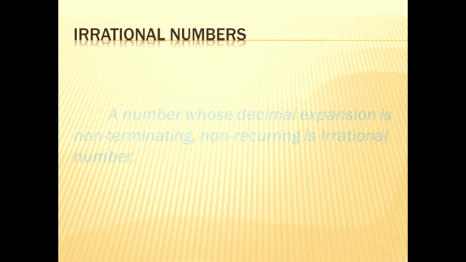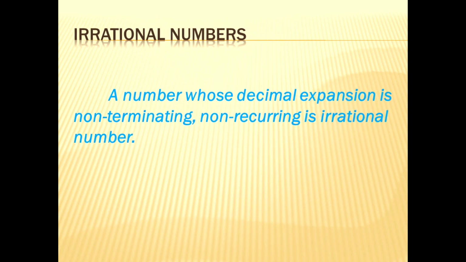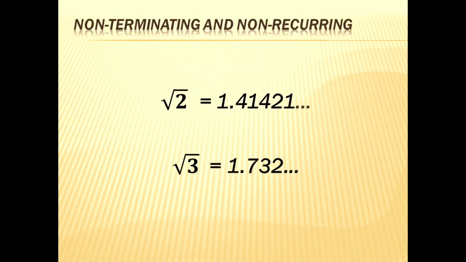Now let's see what irrational numbers are. These are exactly opposite to rational numbers. That is, a number whose decimal expansion is non-terminating and non-recurring is called an irrational number. Let us have a few examples: root 2, root 3, root 5. These are irrational numbers, because if we try to write their decimal forms, they are non-terminating and non-recurring.